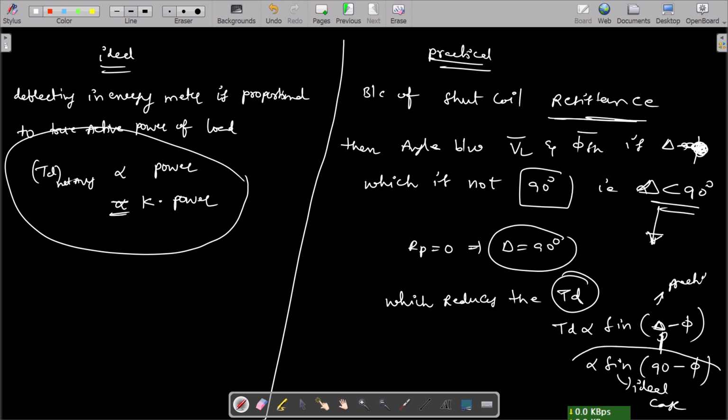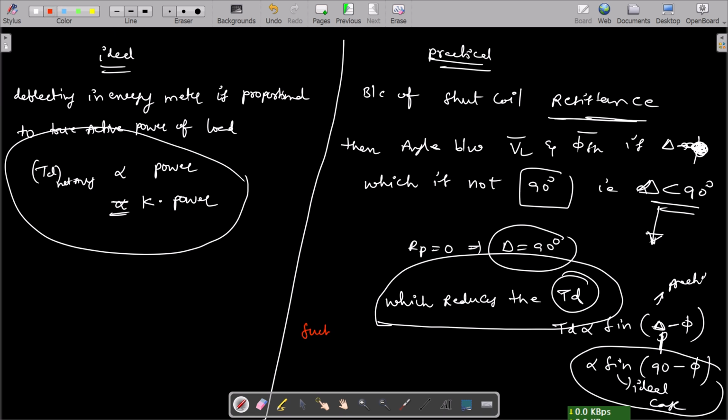Okay, so practical TD reduces, the deflecting torque TD will be reducing. That deflecting torque is reducing because of that shunt coil resistance. This type of error is called a lag error.